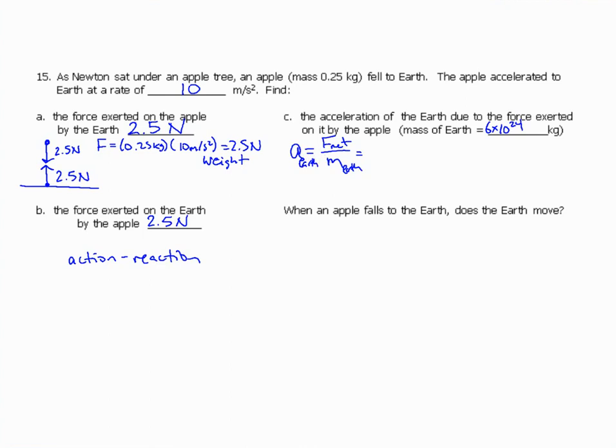Acceleration of the earth equals the net force divided by the mass of the earth. Net force is 2.5 newtons. Mass of the earth, 6 times 10 to the 24th kilograms. And we find an acceleration of 4.17 times 10 to the negative 25th meters per second squared.